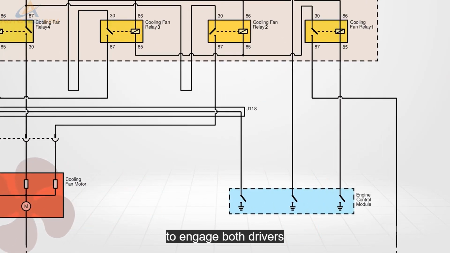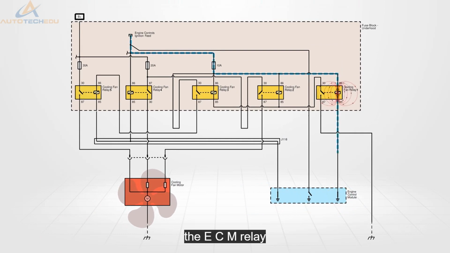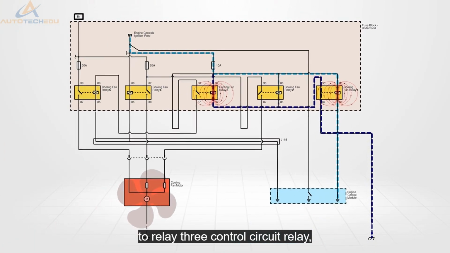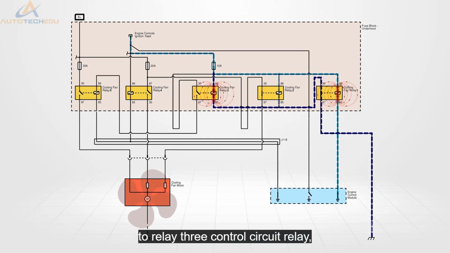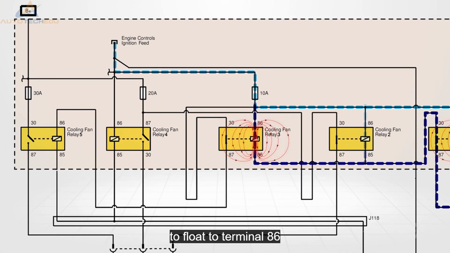For the high-speed fan to engage, both drivers are pulled to ground within the ECM. Relay 1 control circuit is completed, closing the load contacts, allowing a ground path to relay 3 control circuit. Relay 3 load contacts are now closed, allowing ignition current to flow to terminal 86 of relay 5.